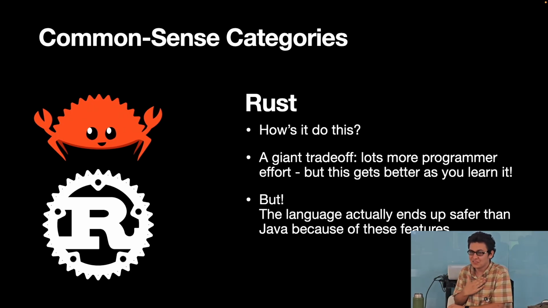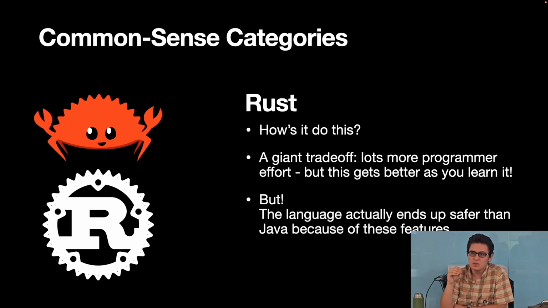Now, I think this is great. A lot of people think this is great because the best bug is one that never happens when your program's running. The best bug is the one that you found before you could run your program. But another thing is, we have this trade-off, and it gets better as you learn the language.